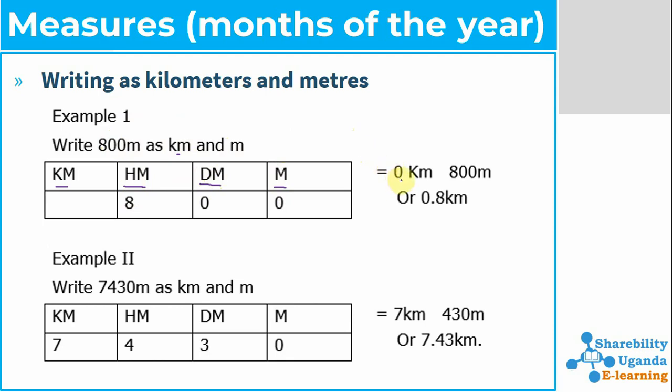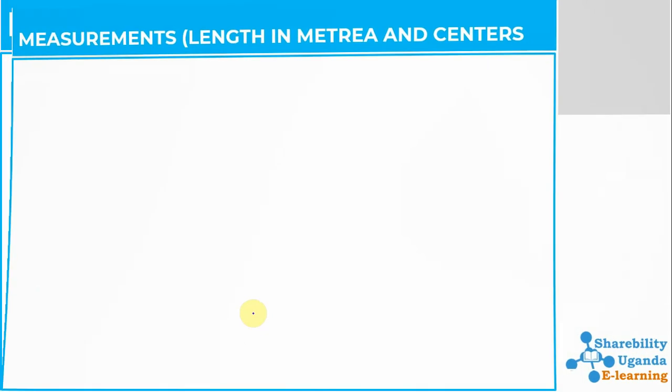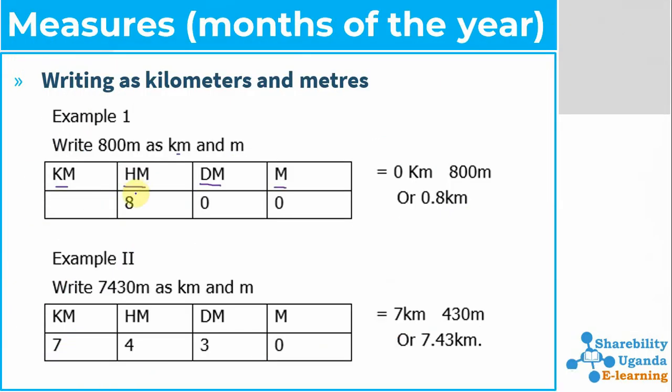So this is equal to 0 kilometer, then 800 meters, or 0 point this. This is what we were able to solve the other side, because here we said that we can change our meters into kilometers. They have given us 800 meters.